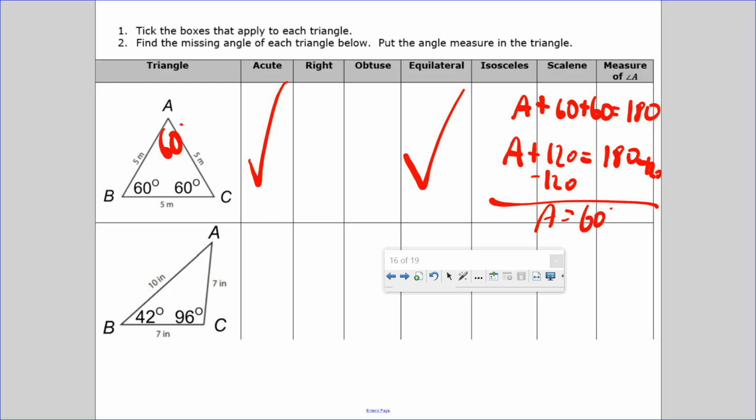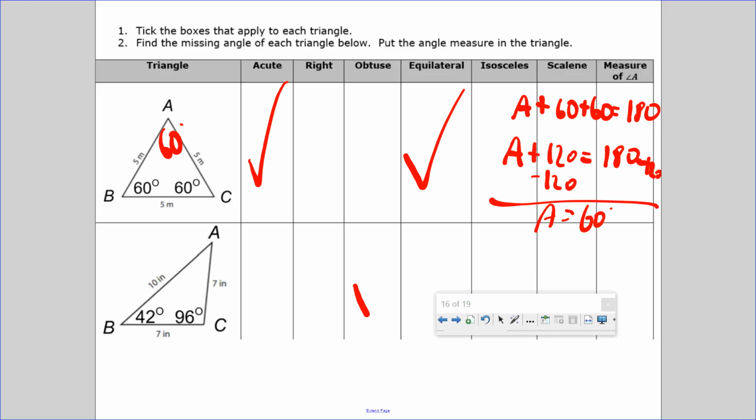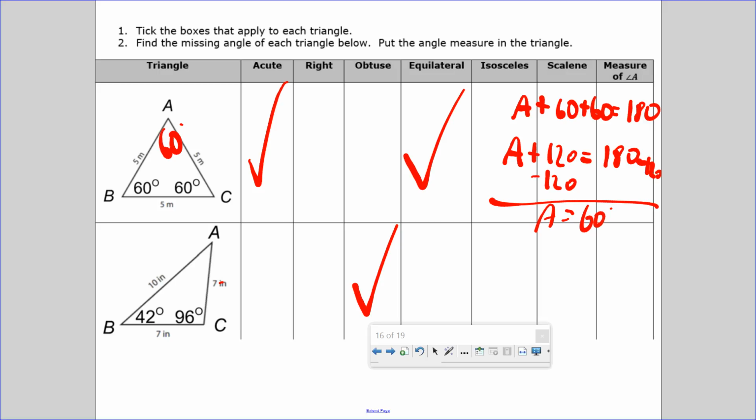Now, next one. Oh, 96 degrees. That's an obtuse angle. Two of the sides are the same. Two of them, I have two eyes. Oh, isosceles. Find the measure of angle A. So A plus 42 plus 96 equals 180 degrees.